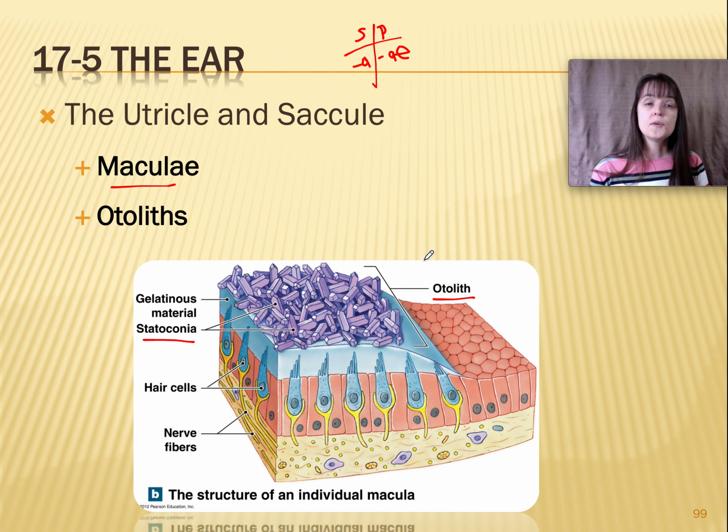So there are people who get vertigo when these otoliths become unhinged. They push in the wrong place and cause a discrepancy in the messages that your brain is getting.